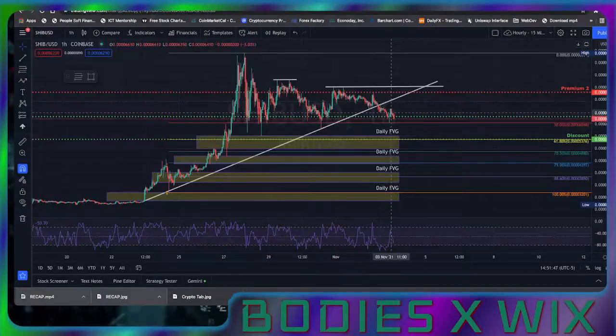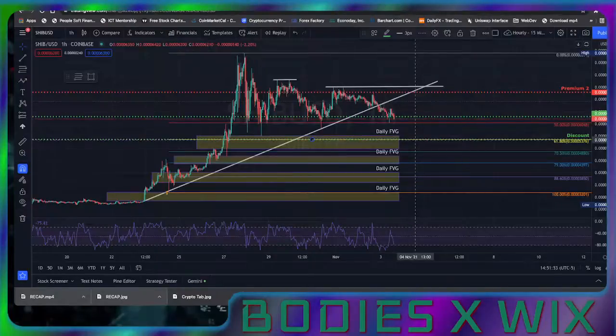I think this thing's going to come right down through again. One of the discount areas that we mentioned was here, and that is on the larger scale. And it's also in the daily fair value gap. So I think we're going to see it fall through that, and maybe even into the second daily fair value gap.